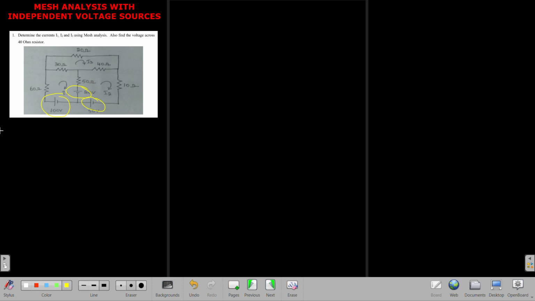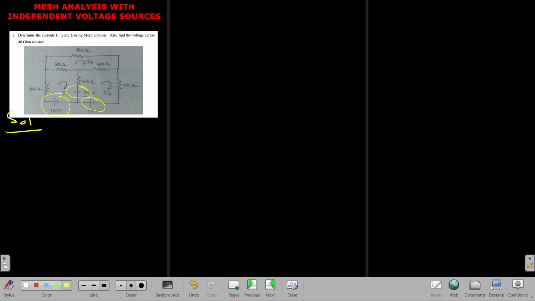When you are trying to solve using the mesh current method, the first step is to figure out the number of meshes. As you can see in this circuit, you can find a total of 3 meshes. Am I right?